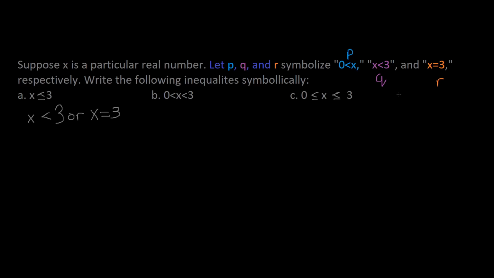So now let's see over here what that means. We have a Q, and then we have an OR. We're going to use this color for OR, and then we're going to have an R. Let's do the next one. It says 0 is less than x, and x is less than 3. So let's break it down.